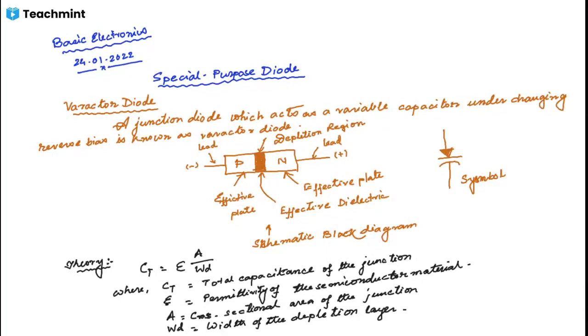Okay, so like this, the capacitance of the varactor diode can be found.